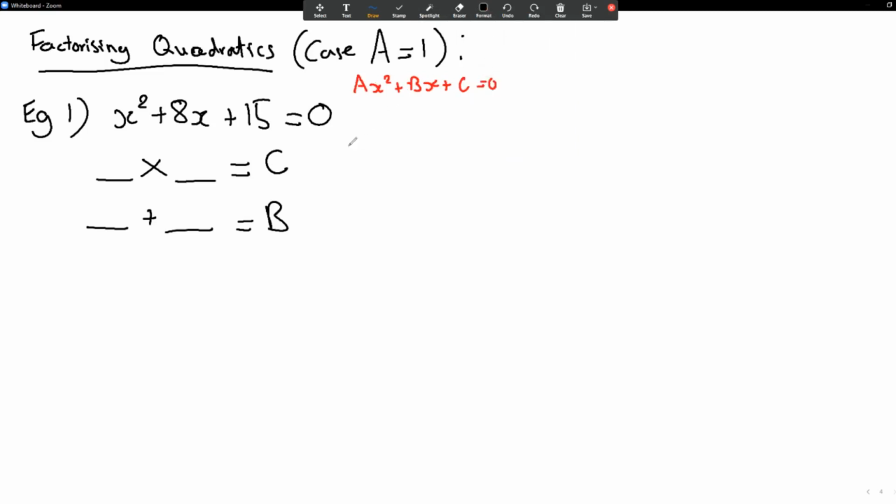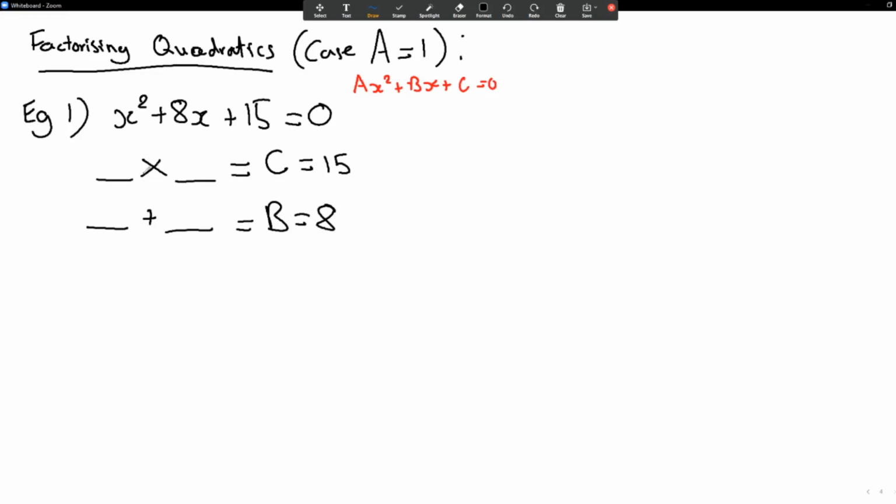We can see that our c here is 15 and our b is 8. So now we need to find two numbers which multiply together to give 15, which add together to give 8. Bear in mind that they have to be the same two numbers.